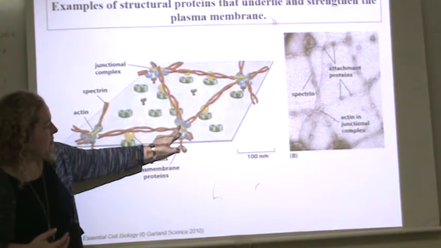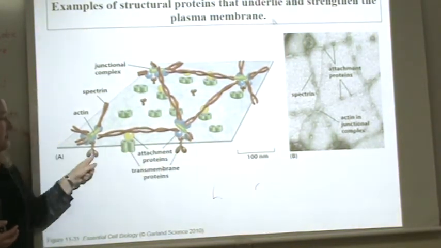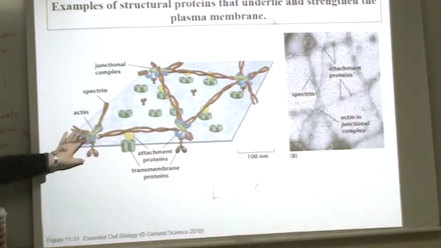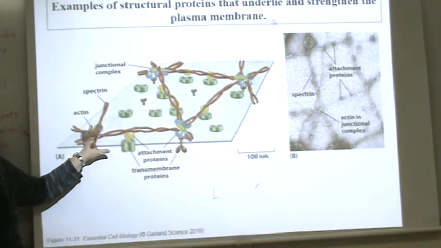But there's got to be something going through. And then out here, these would also have attachments maybe to the outside of the cell. The individual names of these are not important for you to know, but the concept is important.